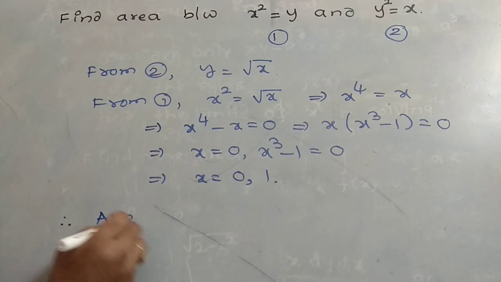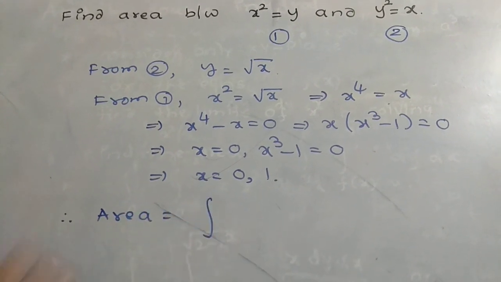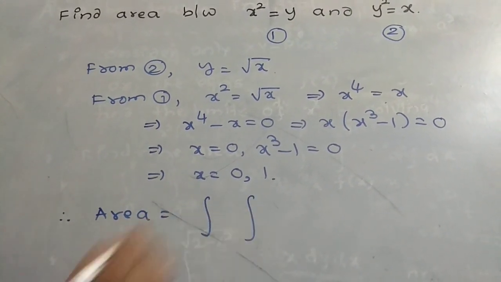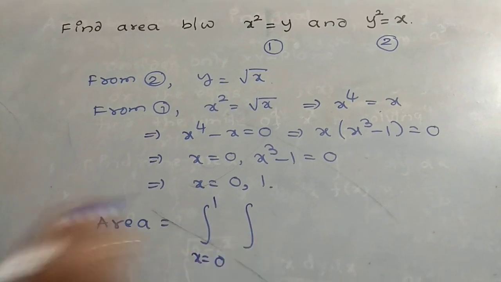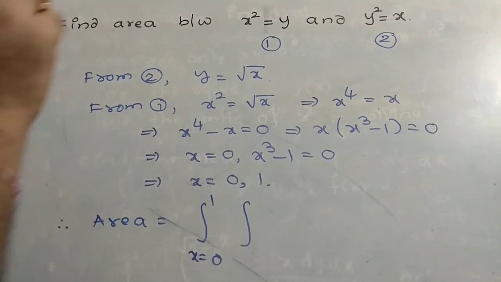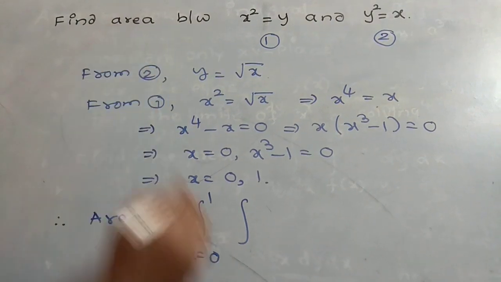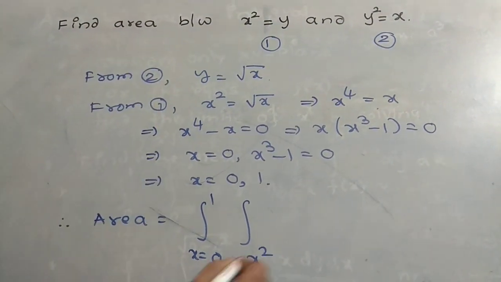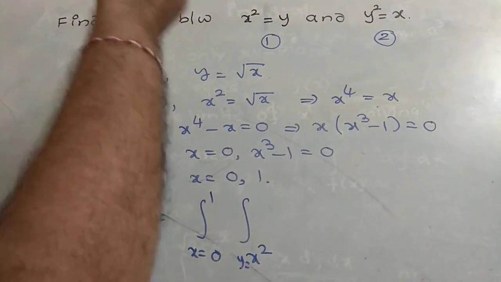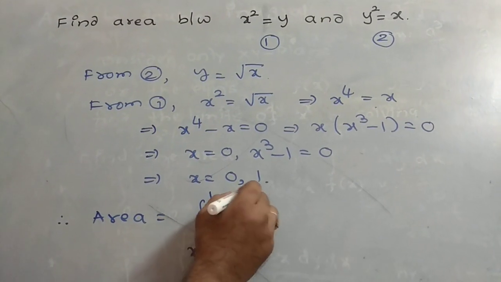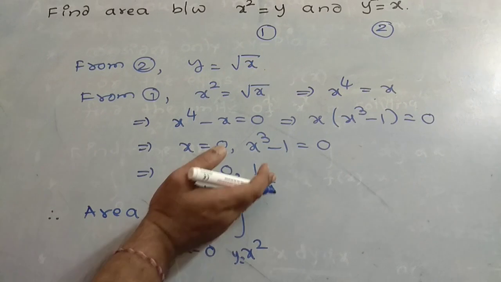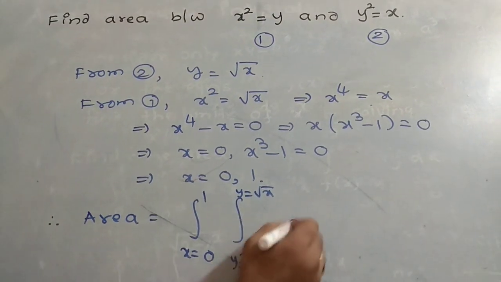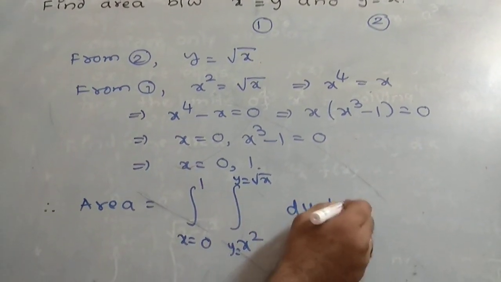Once you get the values of x variable, now you are calculating the area. So area is equal to, as per the formula, double integral, you write down the x values 0 to 1. And how to write down the second integral limits? You are writing the y limits. From the equation y equal to x square, this is the first equation. From the second equation, what is the y value? It is root x. So you substitute first equation and second equation and write dy dx.